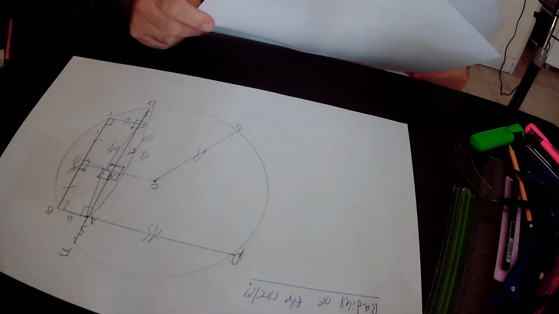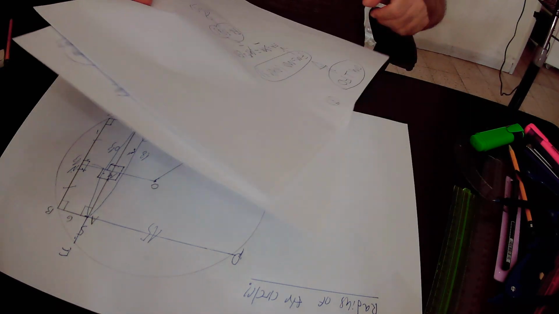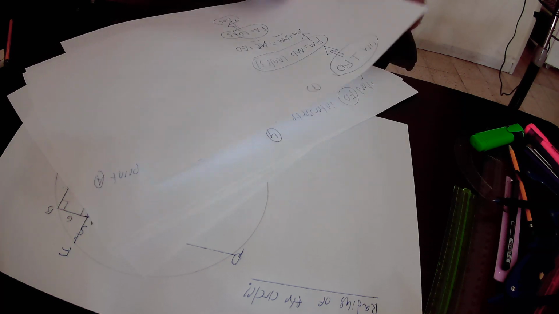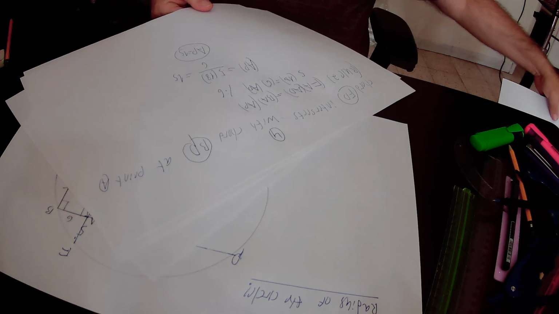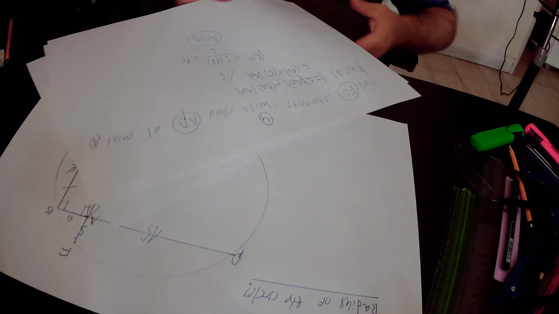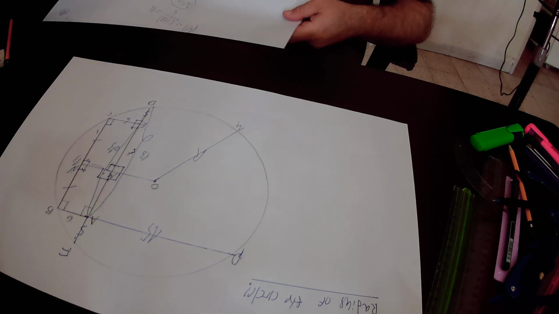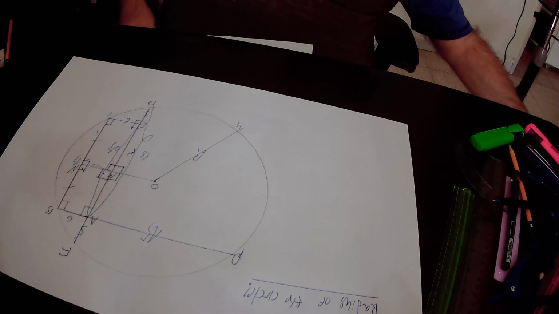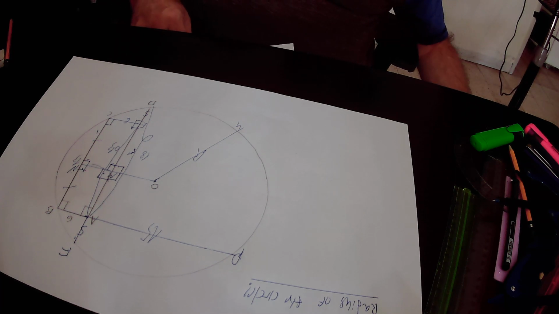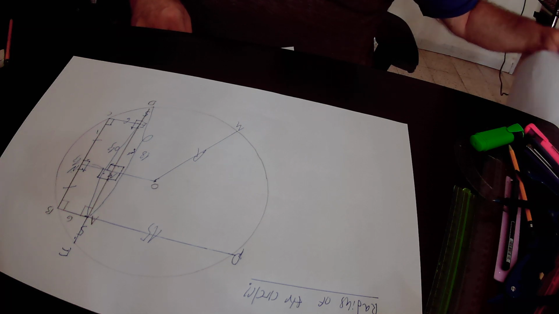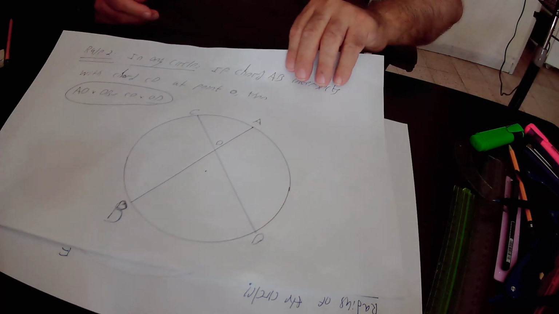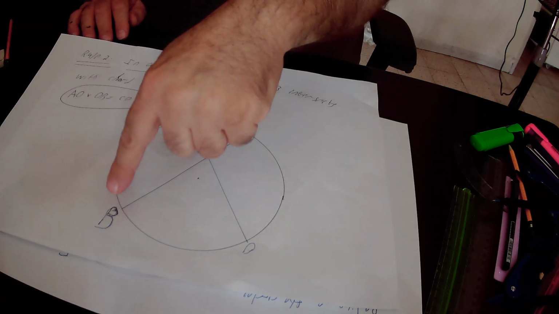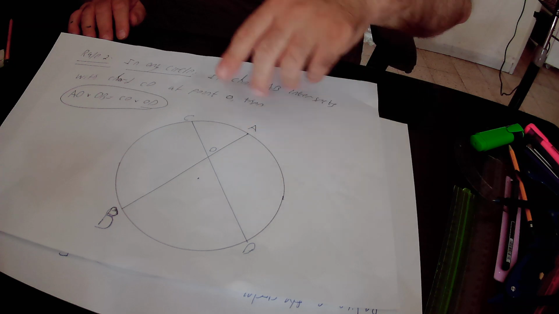Then, according to the rule that I have already presented to you, actually we have the rule that says if chord AB intersects with chord CD at point O, then AO times OB equals CO times OD.